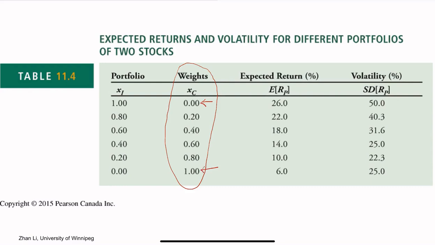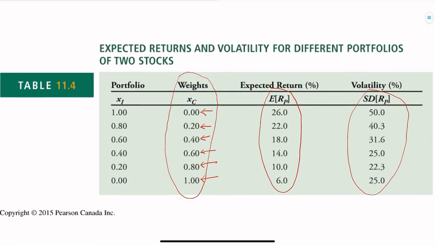And we have 6 numbers, for example, 20%, 40%, 60%, and 80%. And by changing portfolio weights, we could basically calculate the expected return for this portfolio and the volatility for this portfolio.